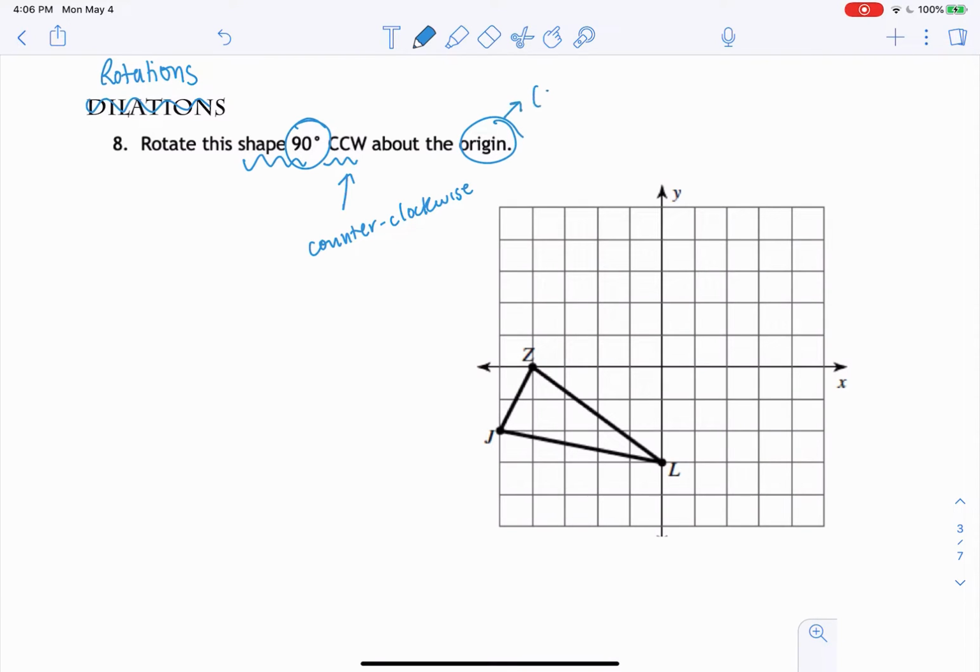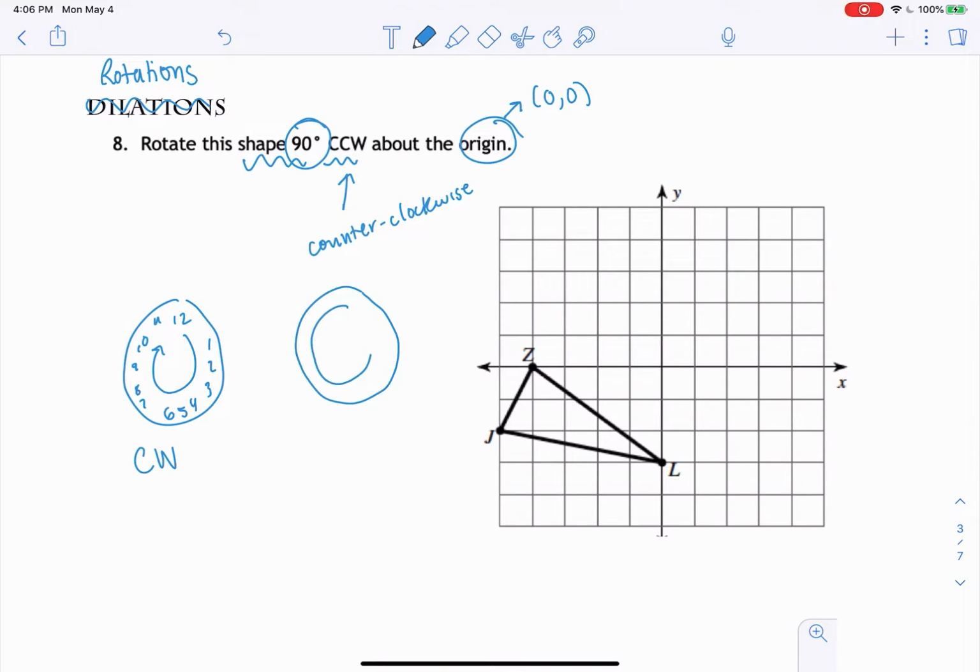So remember that the origin is the point 0, 0. Just a refresher about clockwise. Clocks move like this. So clockwise is going in this direction, and counterclockwise would be going in the opposite direction.